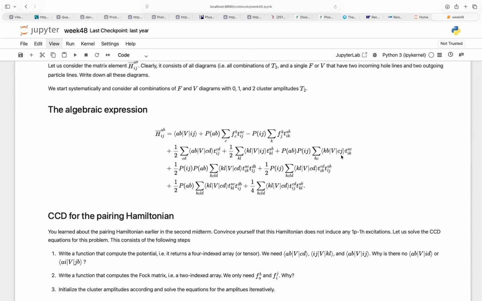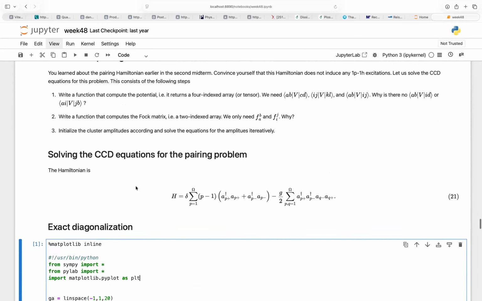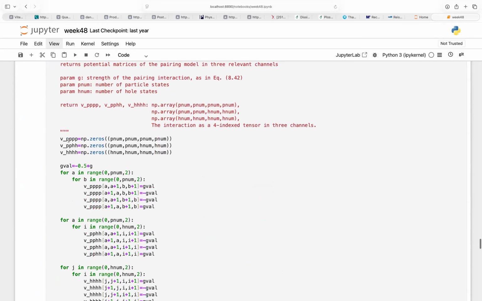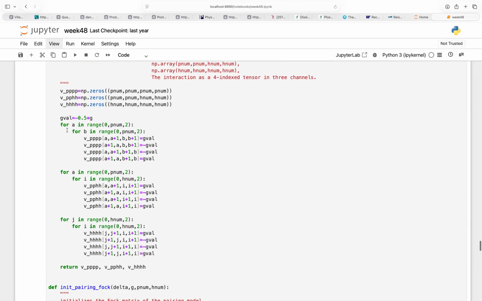This element here, which is the one which has a particle-hole as an intermediate state, is obviously 0 because your interaction here is 0 by definition, if you don't break any pairs. So this makes life a little bit easier. And when we are setting up, we need only these elements for the interaction. And here I'm just setting up the matrix elements.